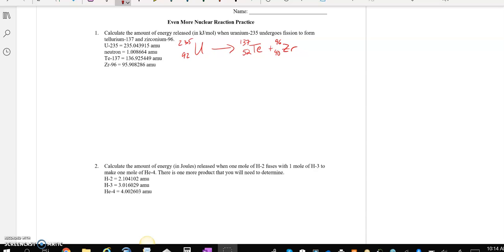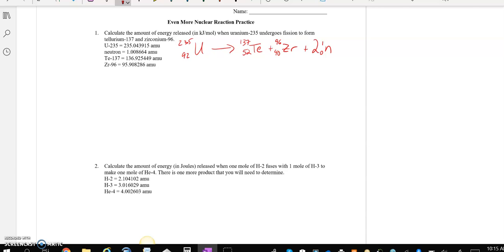Now if you take a look at the mass numbers 96 and 137, that's 233 for mass, and we have 235 on the left, so we have a mass of 2 left over, so we're going to have 2 neutrons that have to be released.